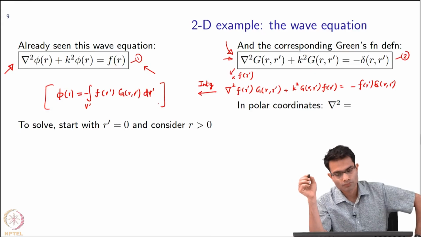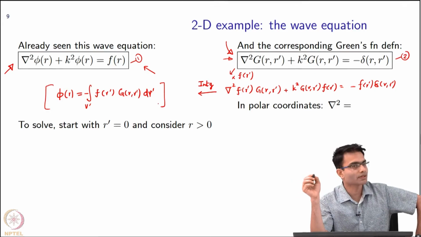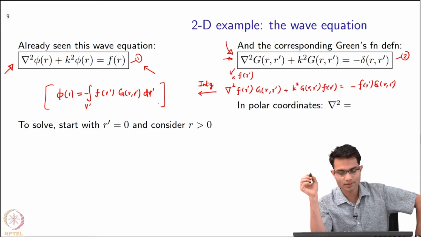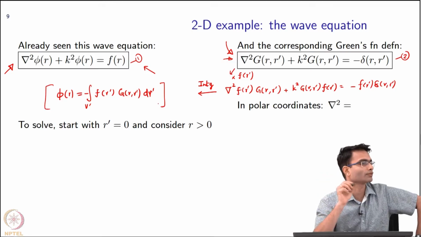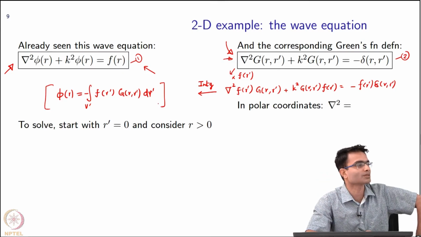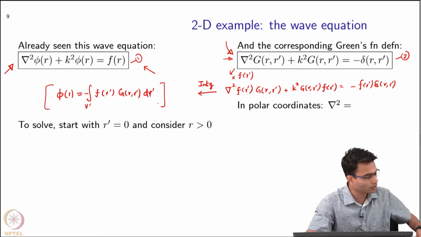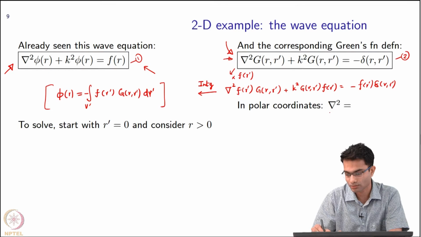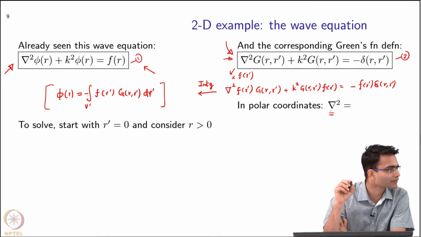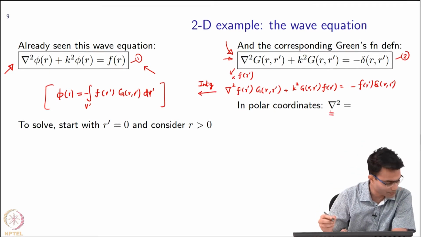Now, before we get into solving this, what do you think is the most intuitive coordinate system to solve this problem? Polar coordinates, right. So, in polar coordinates, what will we write for the del squared operator? Does anyone remember? Right, no one usually remembers it. So, we will just write it down.